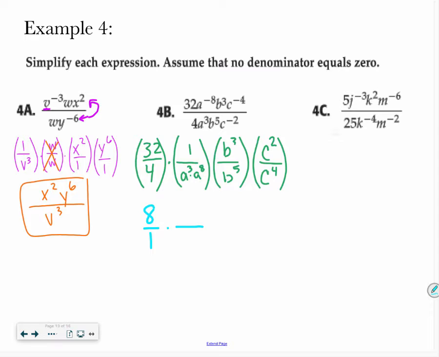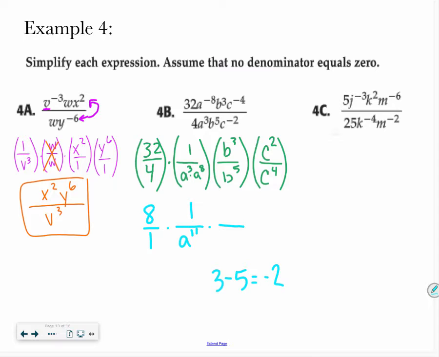Remember from yesterday, when you have the same base and you're multiplying, you add your exponents, so that becomes a to the 11th. And then b to the 3rd over b to the 5th. If I subtract those, 3 minus 5 gives me a negative 2.